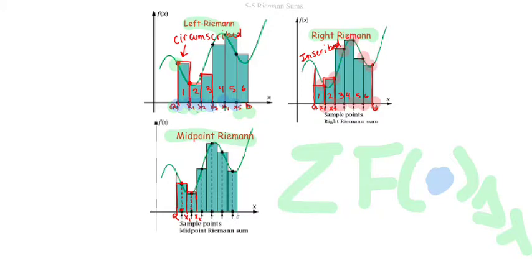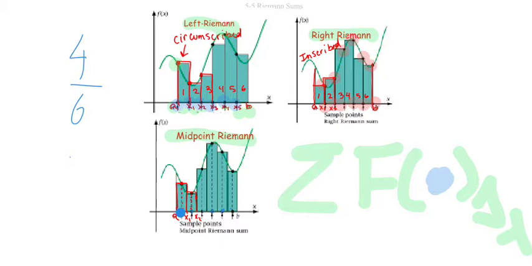And then when it comes to the midpoint, that one's a little bit more annoying because you actually have to figure out what that point is. You have to find out what these points are, and then you have to plug in those. So if you have from 0 to 4, and you want 6, 4 minus 0 is 4 divided by 6, and that's going to give you 2/3 or 0.67.